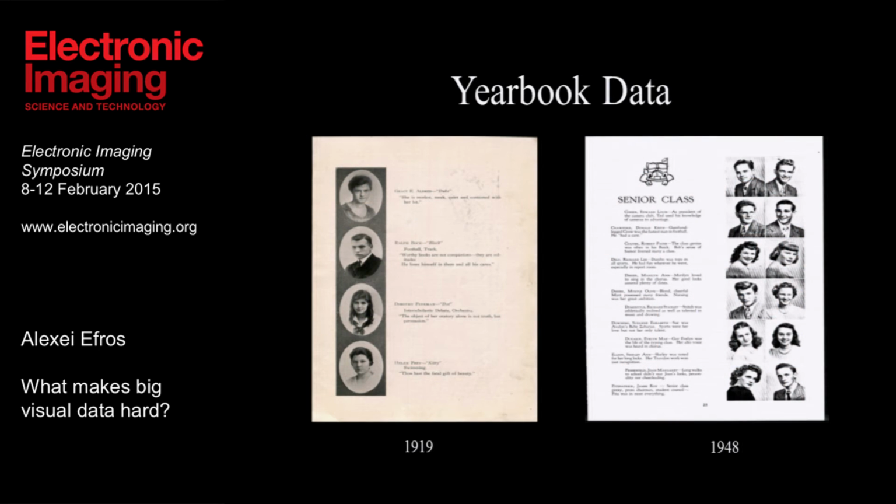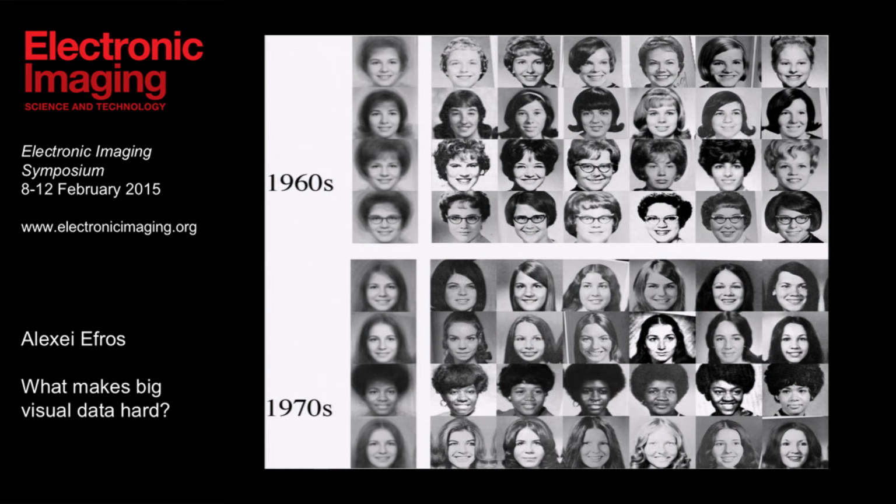We also looked at yearbook data. We took pictures from yearbooks over the last 100 years in American high schools, and then we thought, okay, can we somehow capture the change of style over the decades? And these are some of the discriminative types of faces.